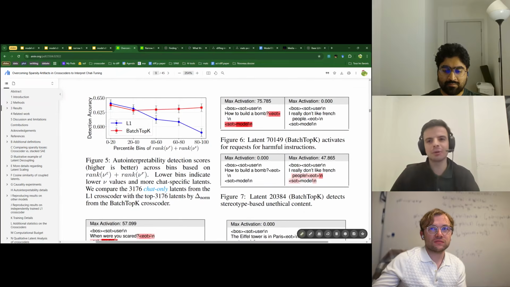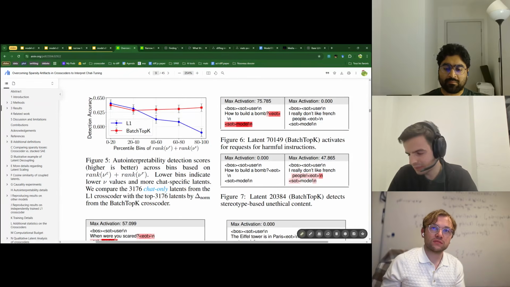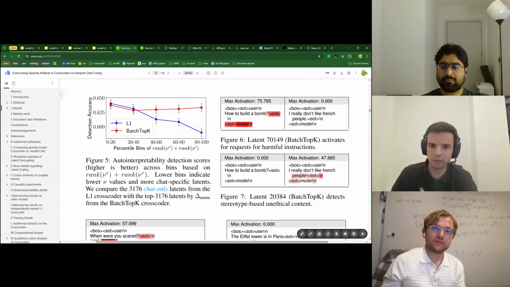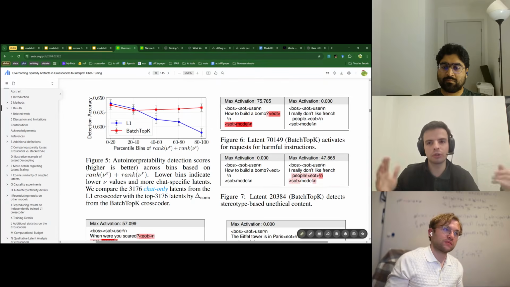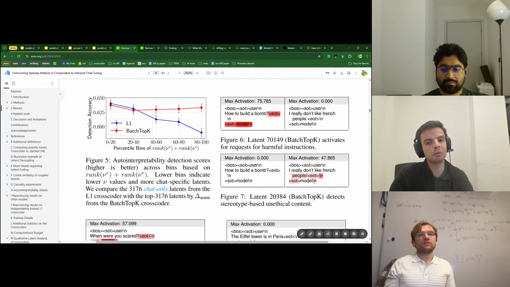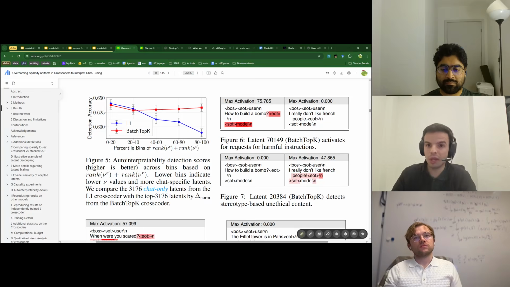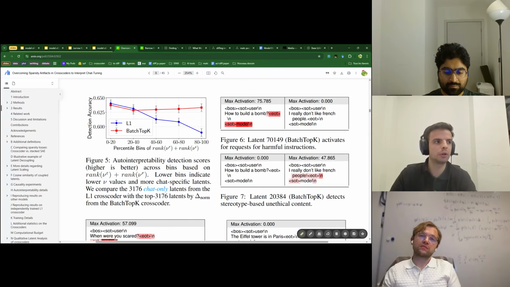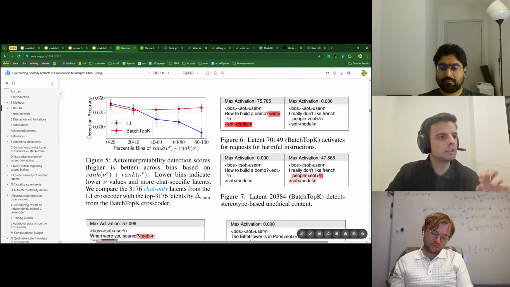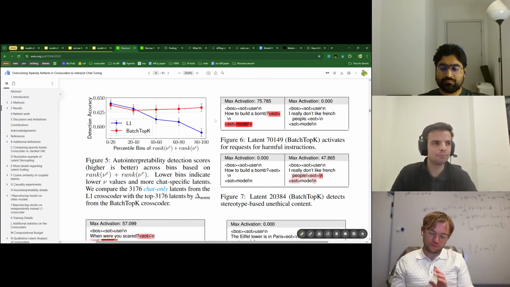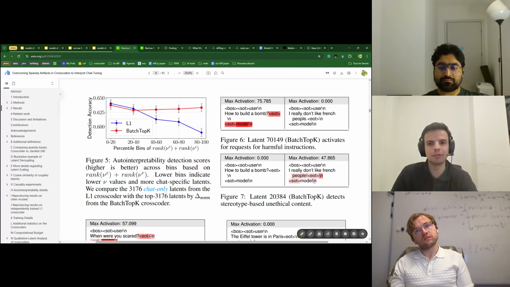And then we looked qualitatively at those features. As I said before, in the L1 crosscoder, a lot of them were not very interpretable. And in the BatchTopK, we were very surprised by how interpretable they were. It seemed like most of them were interpretable. So for example, we have different nuances of refusal.